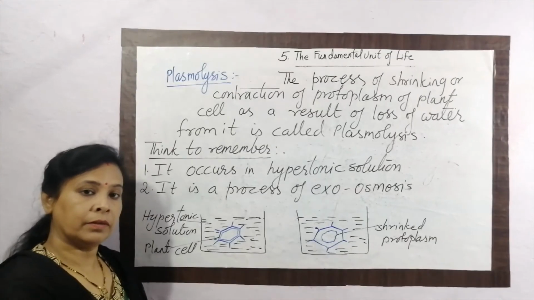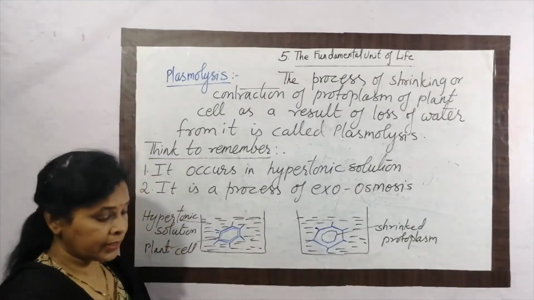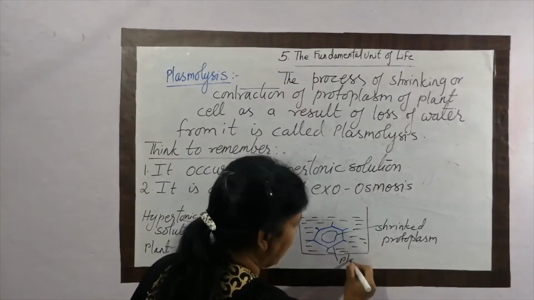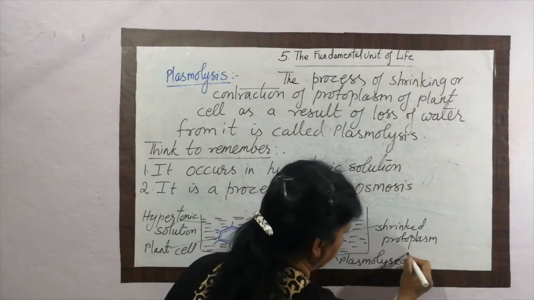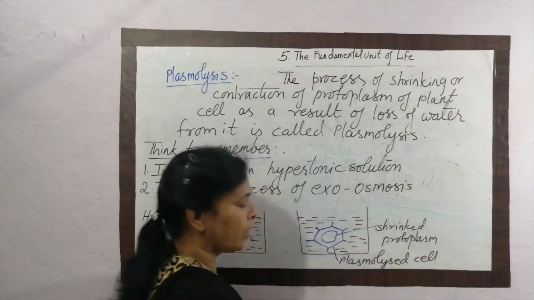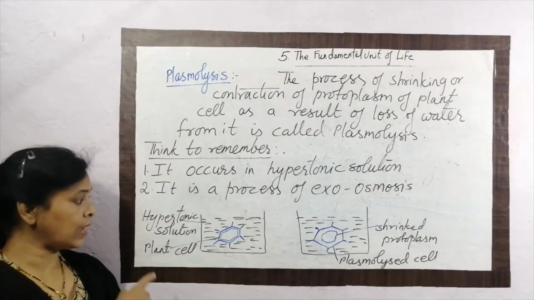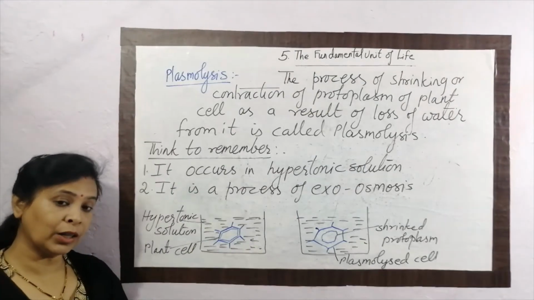But what happened if we kept this plasmolysed cell? The cell is called a plasmolysed cell. Okay, if we keep this plasmolysed cell in hypotonic solution, this is hypotonic solution. If we put this cell again in a hypotonic solution, what will happen?